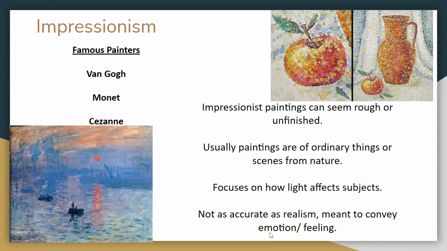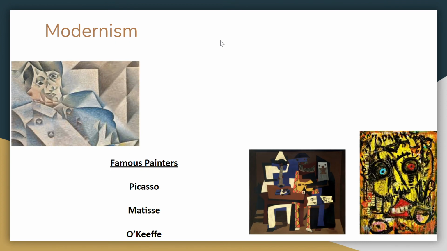It is the emotion, I would say, is very happy or excited. So it is not accurate, it is not realistic all the time, but it conveys an emotion or a feeling. Impressionism. Let's move on. So our next one here, we are going to talk about modernism.